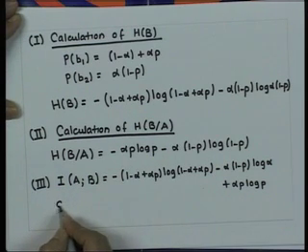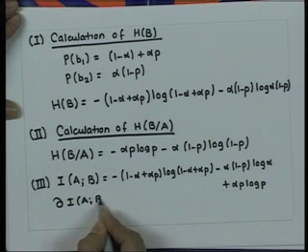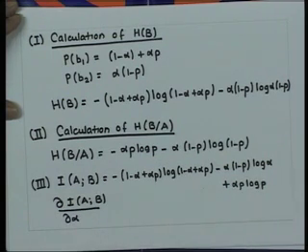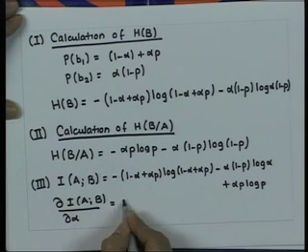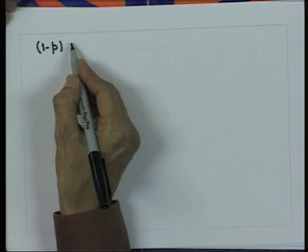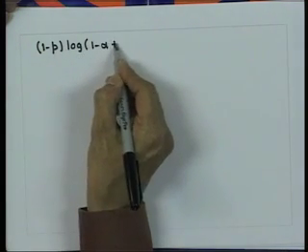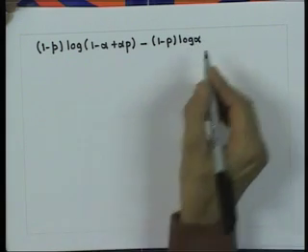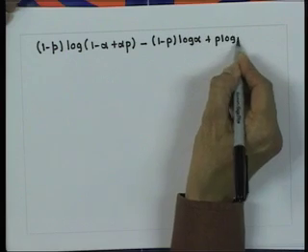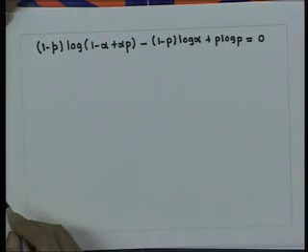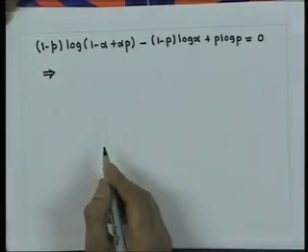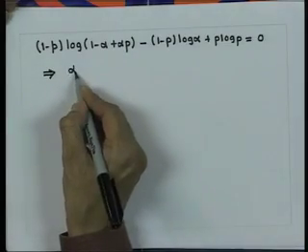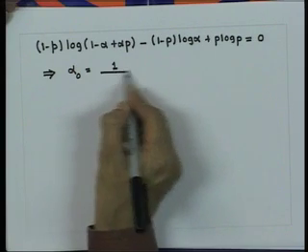So, if we take the derivative of I(A;B) with respect to alpha and then equate it to 0, this will imply that (1-P) log(1 - alpha + alpha P) - (1-P) log alpha + P log P = 0, and on solving this for the optimum value of alpha, which we call alpha naught, we get the relationship as follows.